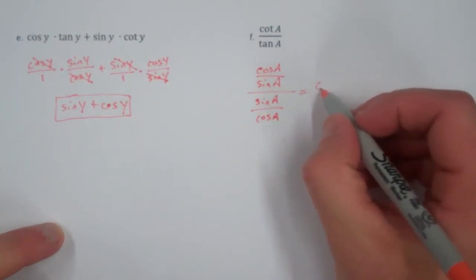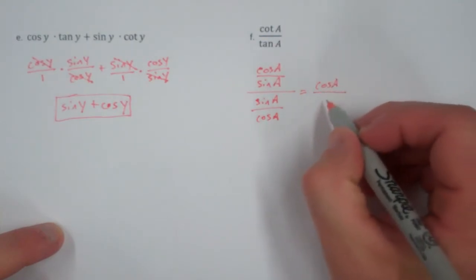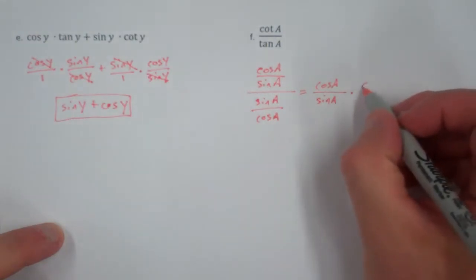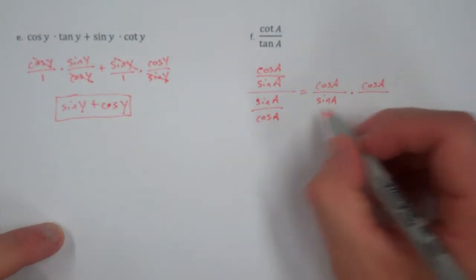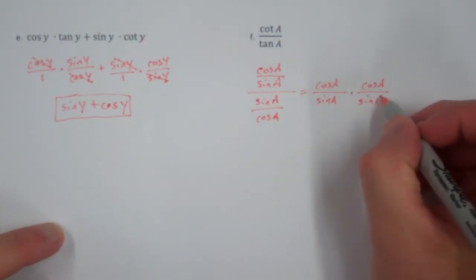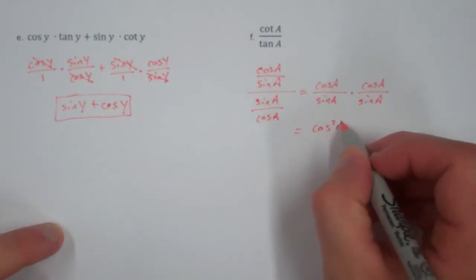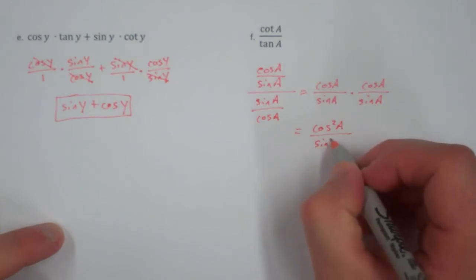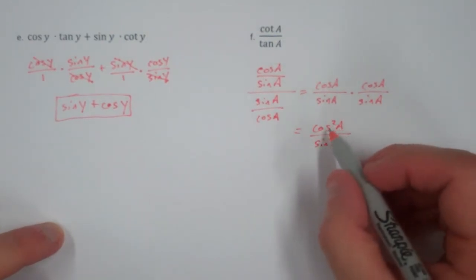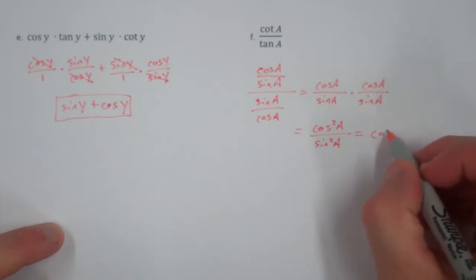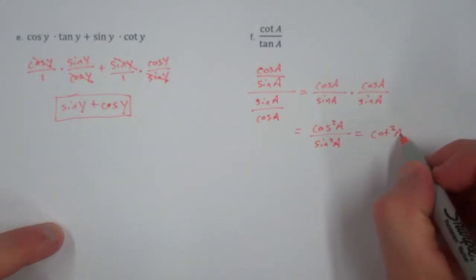So what we do need to do is investigate this a little bit further. We can take the numerator fraction, multiply it by the reciprocal of the denominator. We've got now cosine squared over sine squared. And so this is going to be cosine over sine all squared, which is just the cotangent squared.